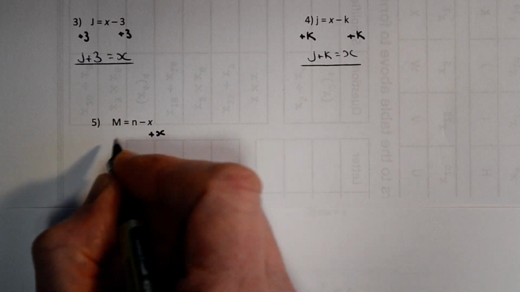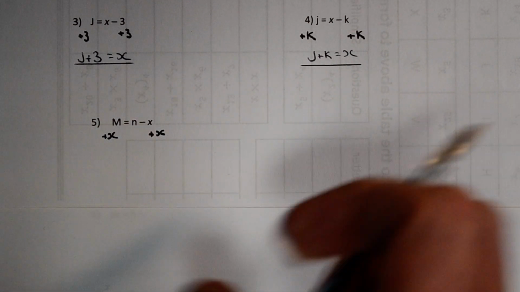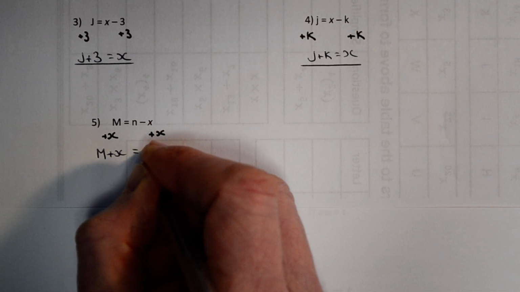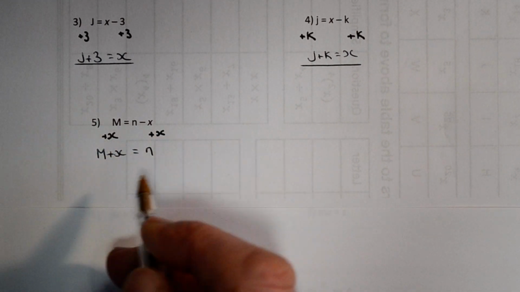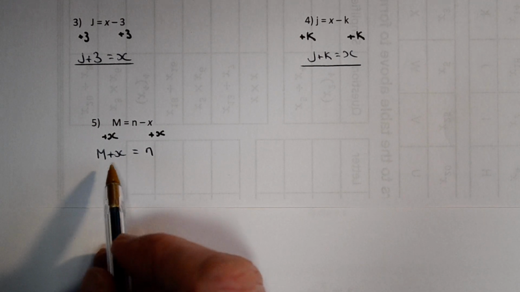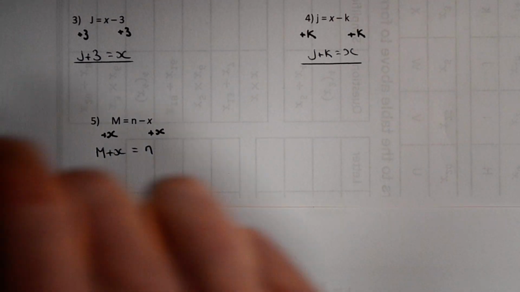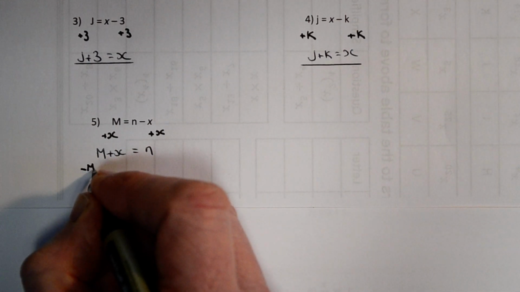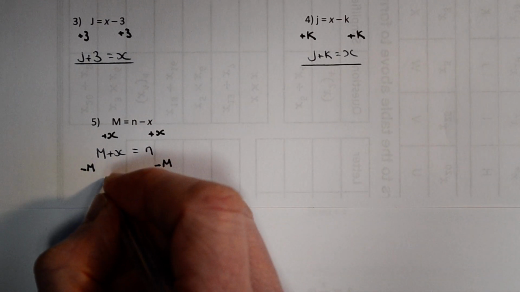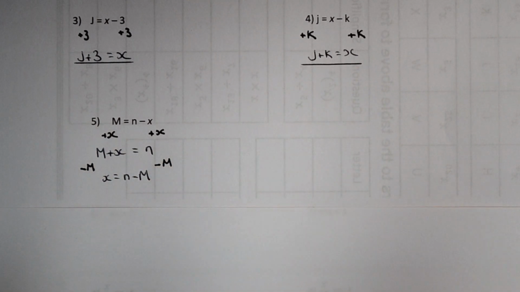That way we're actually cancelling the x out on the right, but we're getting it on the left. So x isn't the subject of the formula yet. We now need to do another operation. It's added to m, and so we need to subtract m. That leaves us with just the x on the left, on the right n minus m.